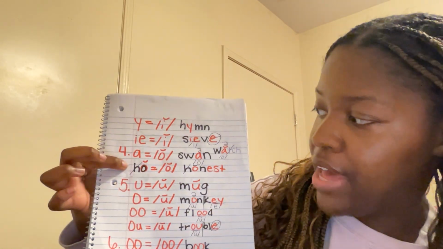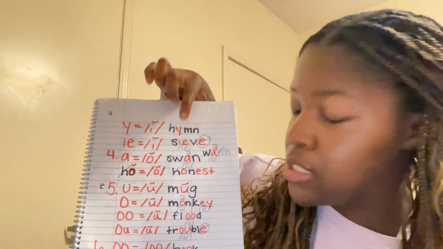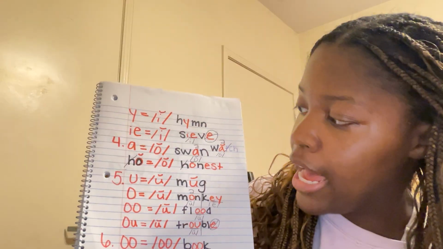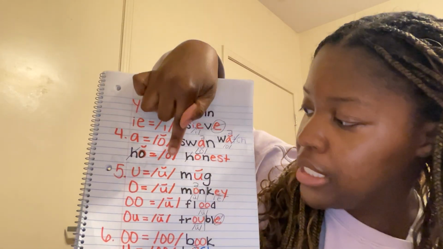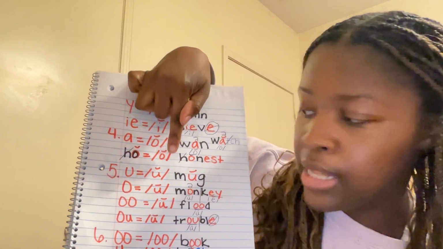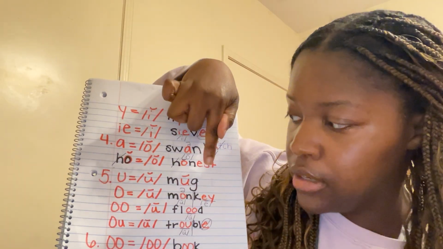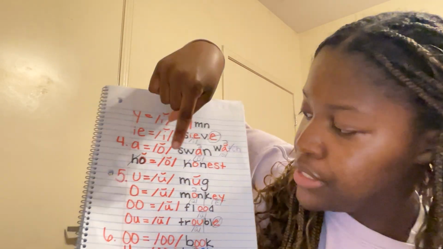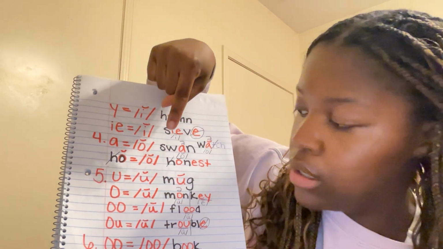Next, I have HO that makes ah, like in honest. Next, I have U that makes uh, like in ugh. Next, I have O that makes the U sound, like in no, that's W.